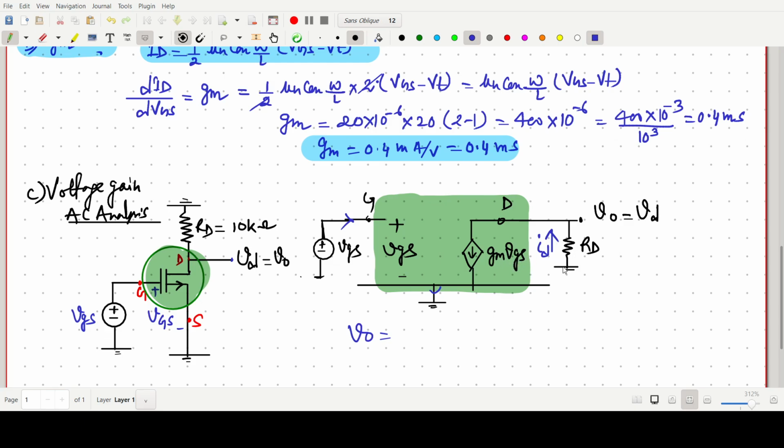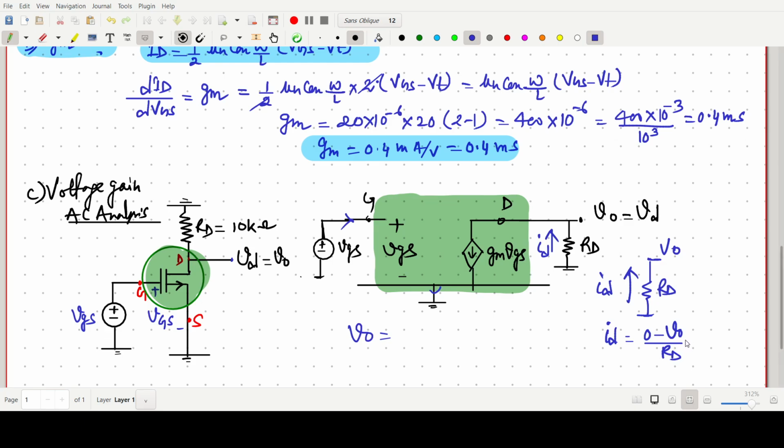So ID will be, if this one is RD and this voltage I am saying V naught and some current is flowing like this, ID, it should be higher potential 0 minus V naught. Means this ID value will be 0 minus V naught by RD.